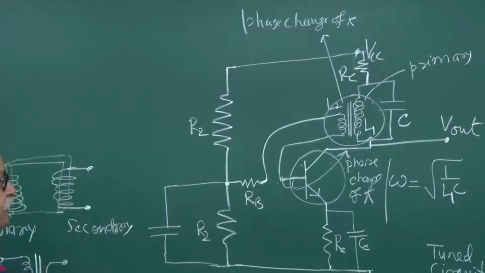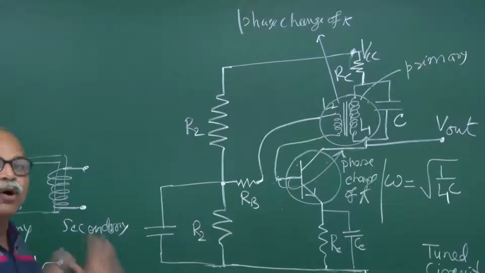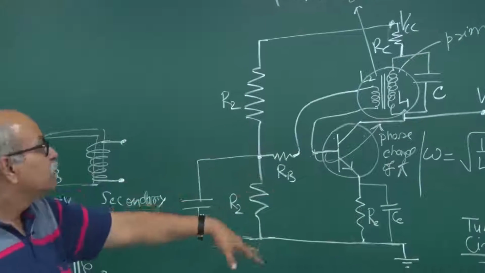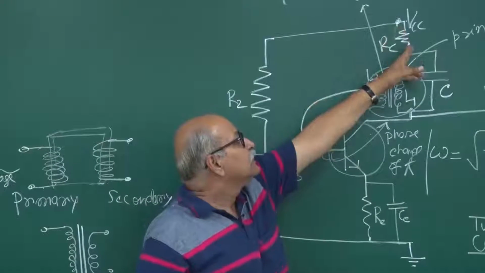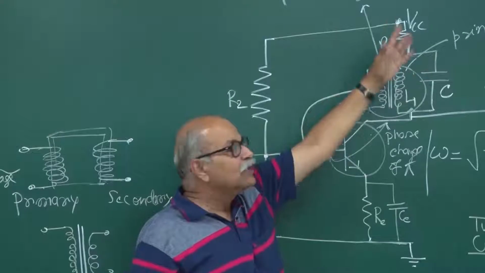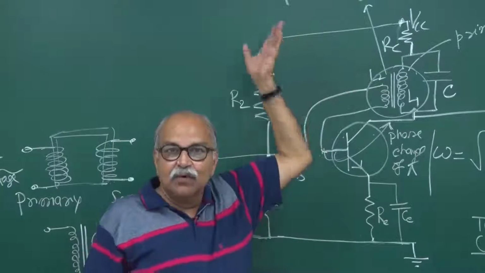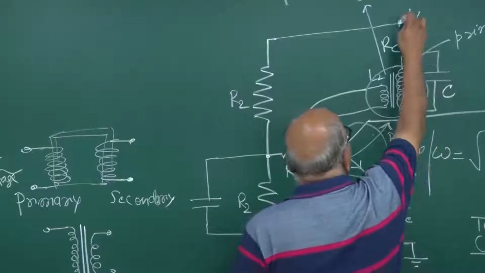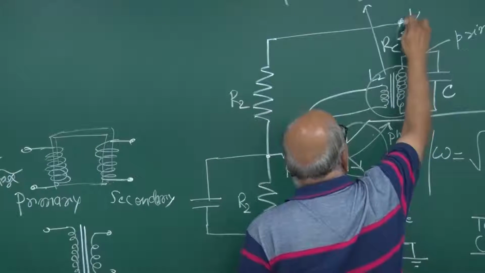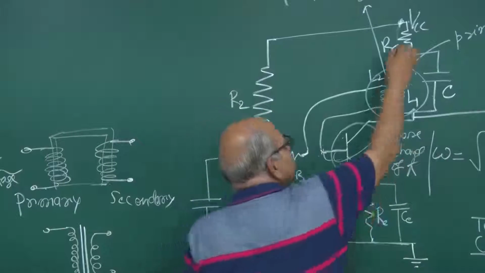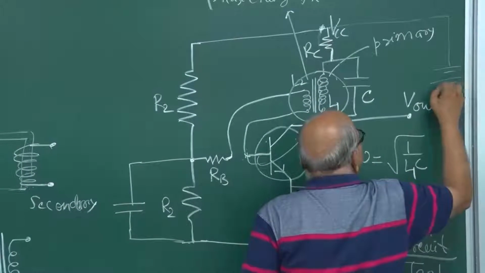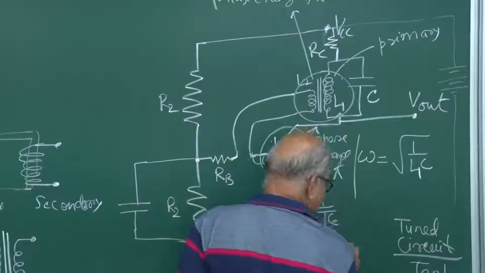So when the circuit is put on for the first time, wherever you have a switch, you can have a switch here. So initially there is no VCC, there is only one battery, so that means there is no biasing anywhere. If I put a switch here and this VCC is open, that means this VCC is a battery out here.